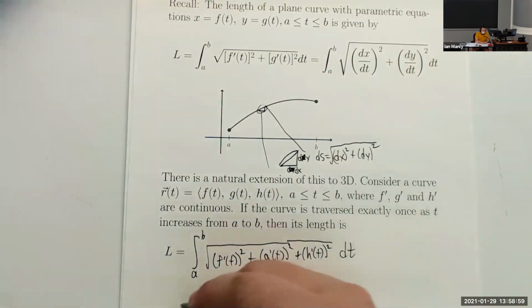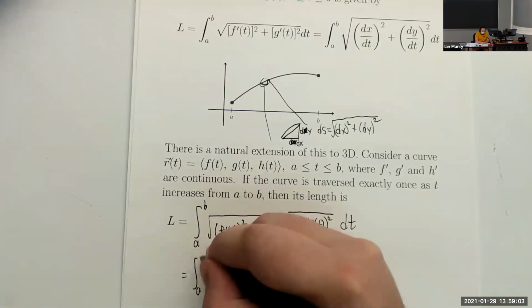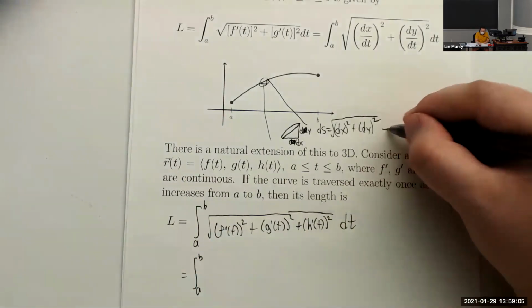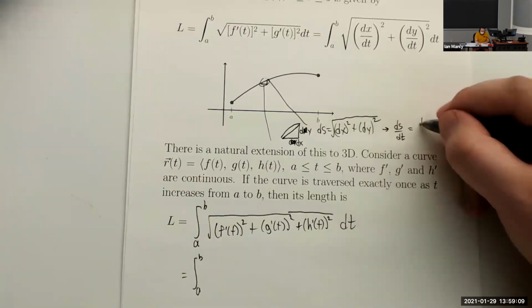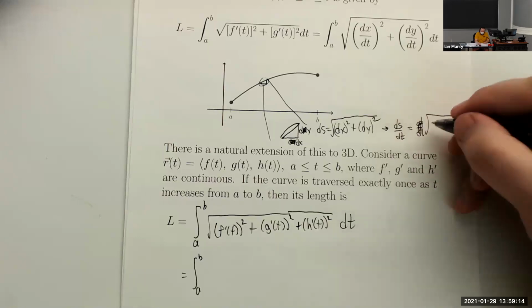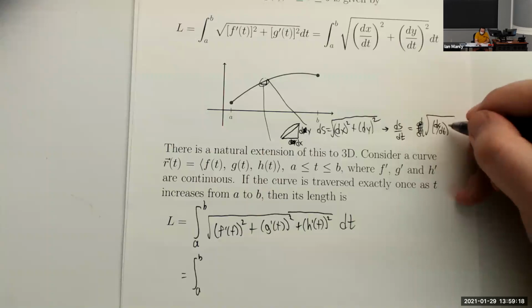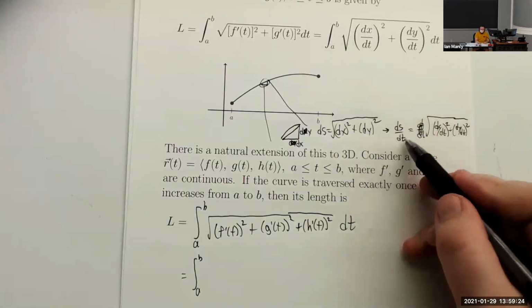All right, now there's actually another way that we can view this right here. So back in Calc 2, when we did the t derivative of s, and we got this, there was a special name for this, right?